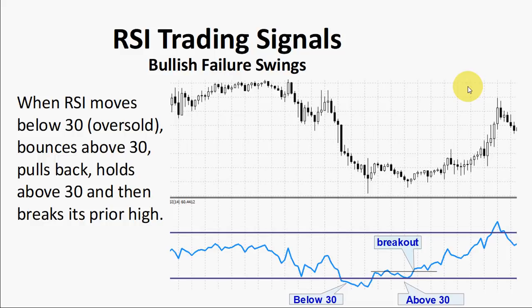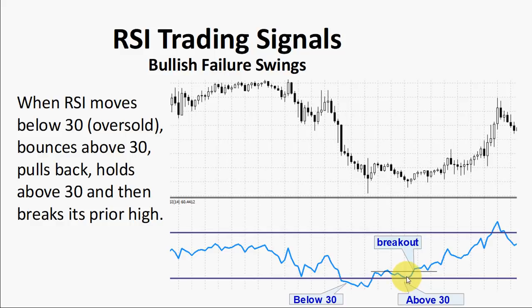A bullish failure swing forms when RSI moves below 30. So you have RSI here, which moves below 30. That is the oversold area. It bounces above the oversold area, then pulls back again, but this time holds above 30.